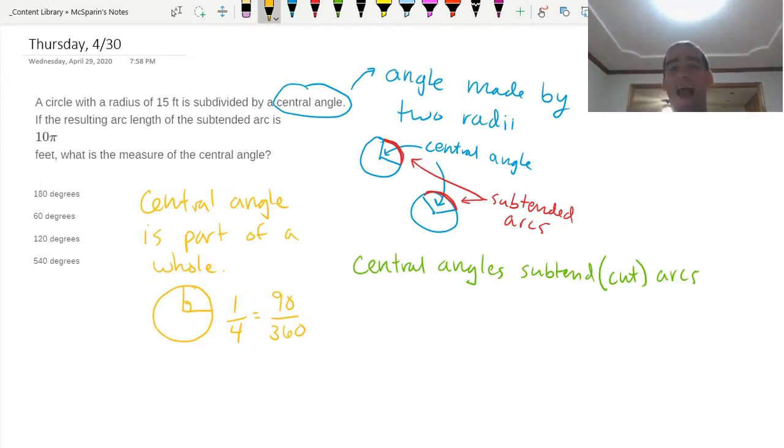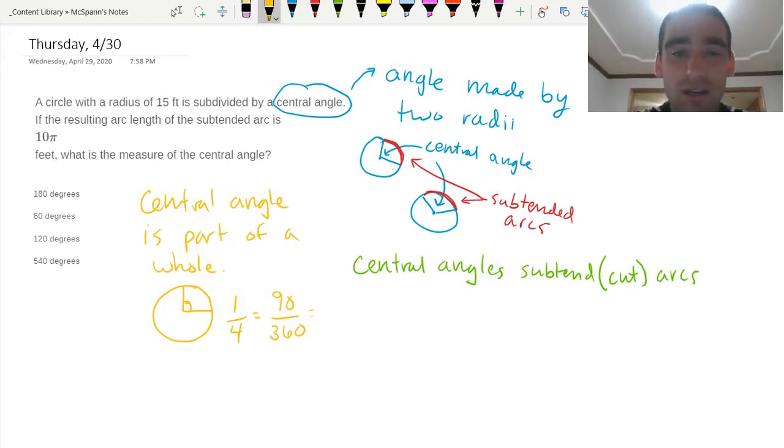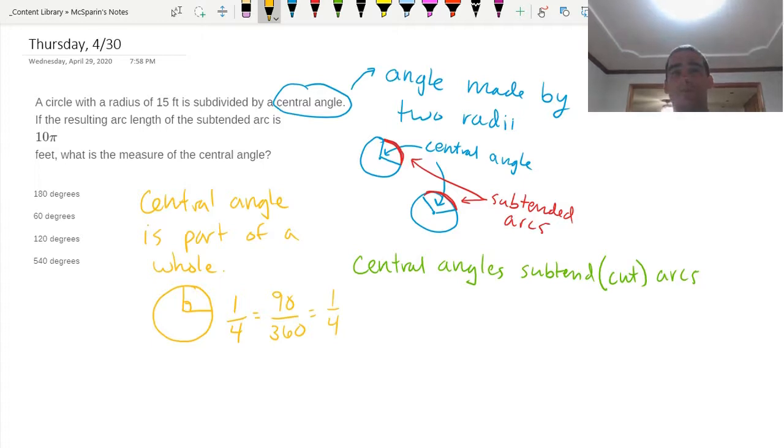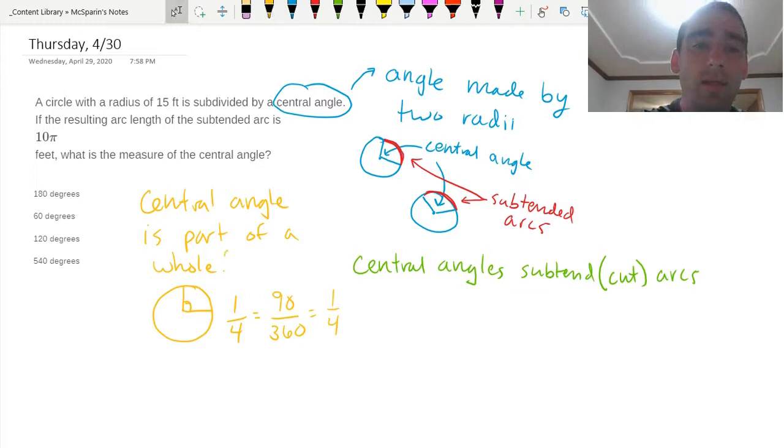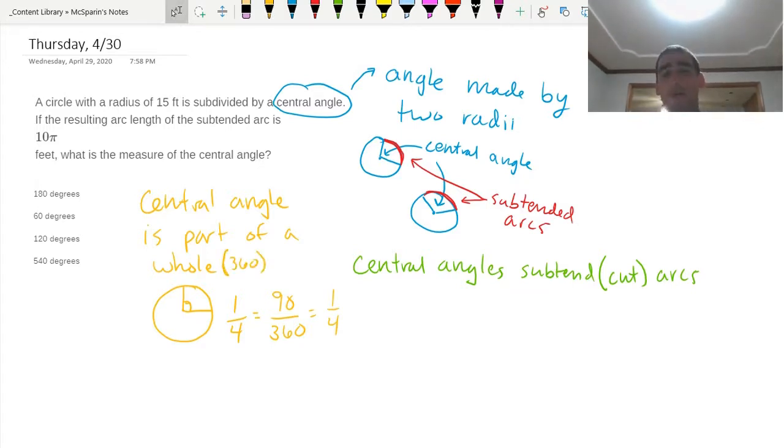Well, 90 out of 360 is reduced to 1/4. So the whole is always 360. A central angle is just a chunk of that 360. You can't ever have a central angle that's more than 360 because there's only 360 degrees in a circle.